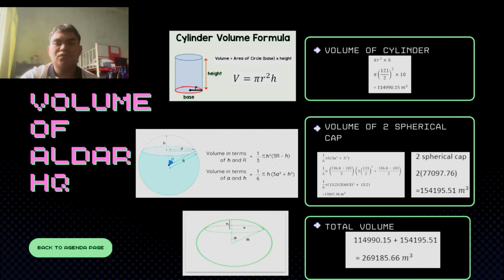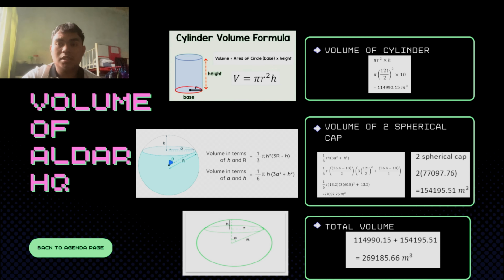Then next is the volume of two spherical caps. The formula is 1/6 pi h multiplied by 3a square plus h square. It's the same: h is 36.4 minus 10 divided by 2. For a, we get 121 divided by 2, which is basically the radius, square plus h square, the same calculation.